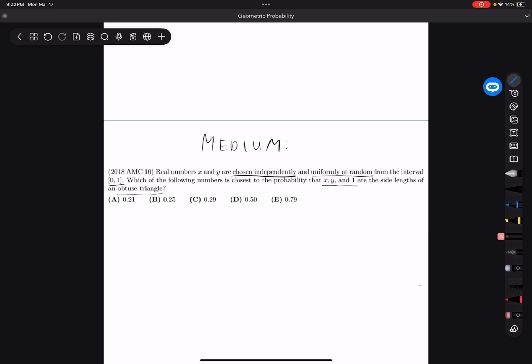So it's choosing uniformly at random from the interval 0, 1. So how do we have it so that they're the side lengths of a triangle? We know that from the triangle inequality theorem, x plus y has to be greater than 1, y plus 1 has to be greater than x, and x plus 1 has to be greater than y.